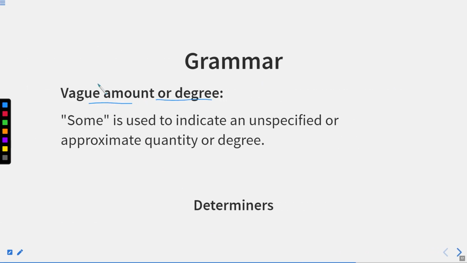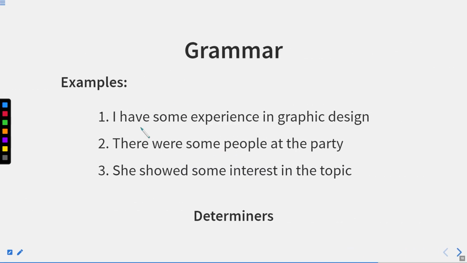Vague amount or degree. Vague means unclear. When something is not clear, we call it vague. So the amount is vague, it means the amount is not clear. Some is used to indicate an unspecified or approximate quantity or degree. For example, I have some experience in graphic design.